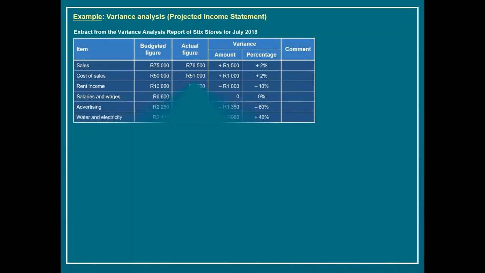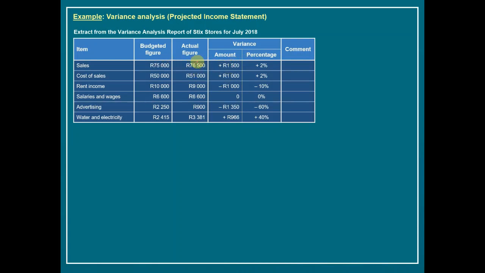So we have an extract from the variance analysis report of Stick Stores for July 2018. We have our various budgeted items, namely sales, cost of sales, rent income, salary and wages, advertising, water and electricity, the budgeted figure for each, the actual figure for each item, and the variance, the difference between actual and budgeted.